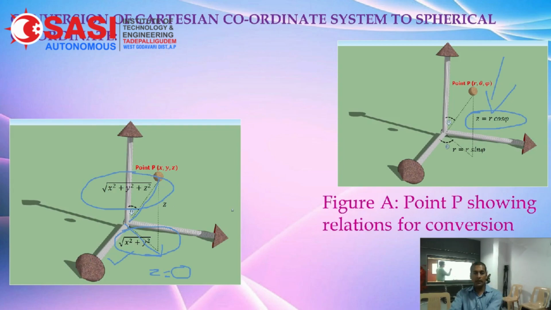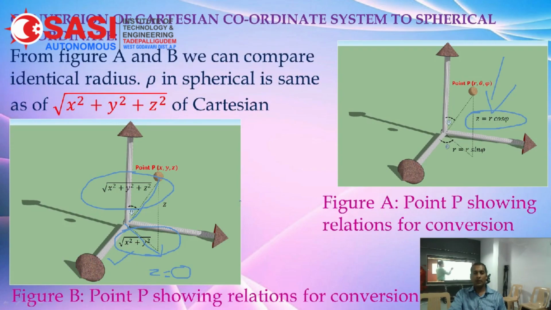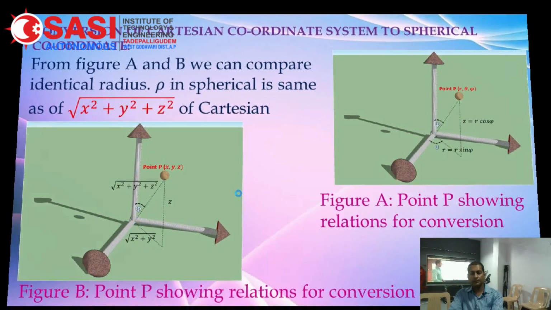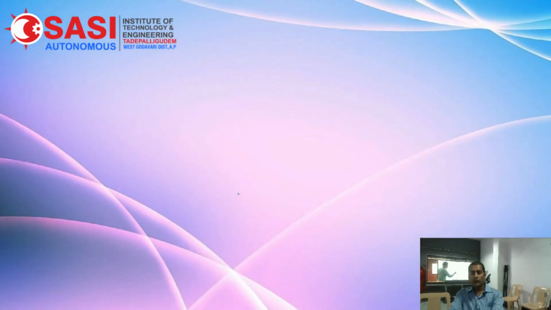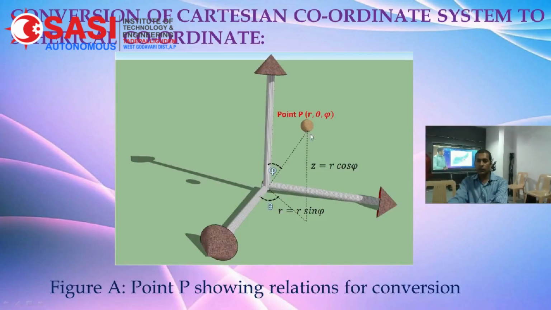So it can be given as the square root of x square plus y square plus z square. So this is r in spherical. It is the same as Cartesian. Now here we can see these are the relations by which we can define point P in Cartesian as well as its conversion into spherical.